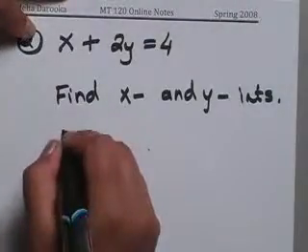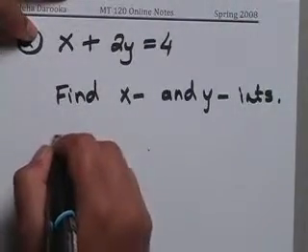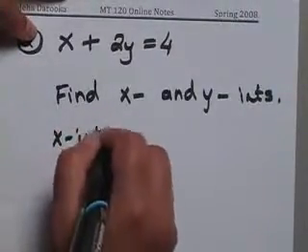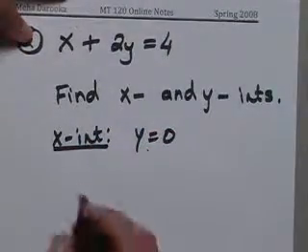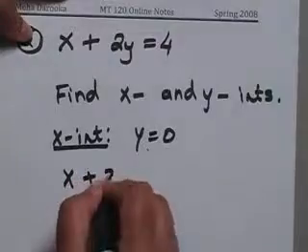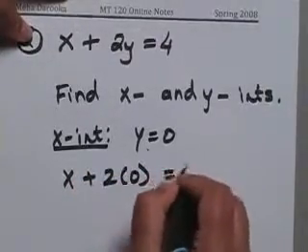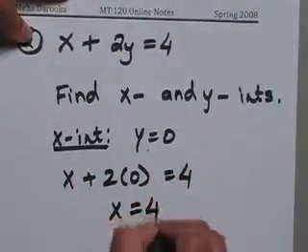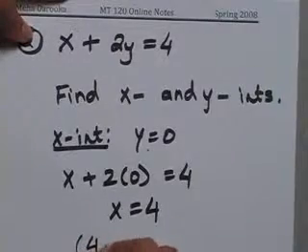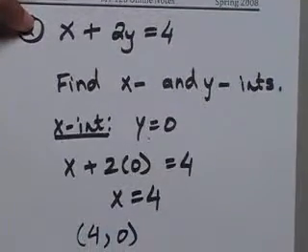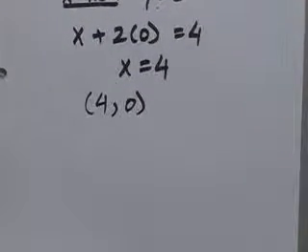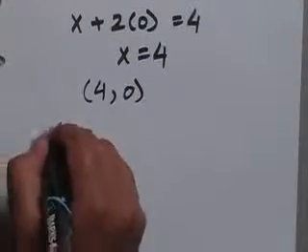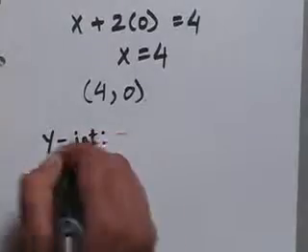We will start by finding the x-intercept. So when you find the x-intercept, make your y 0. This will give you x equals 4. So you have one ordered pair, 4, 0. And now to find your y-intercept, you can make your x 0.